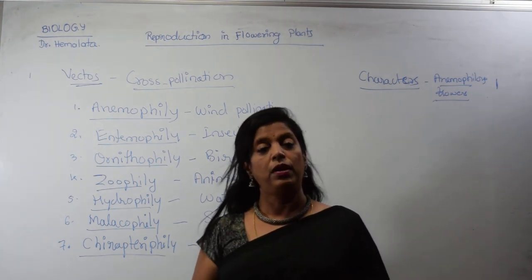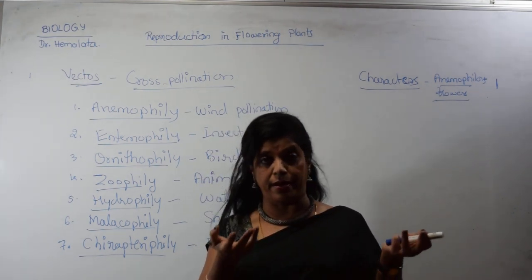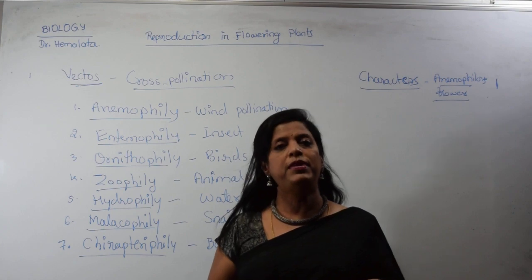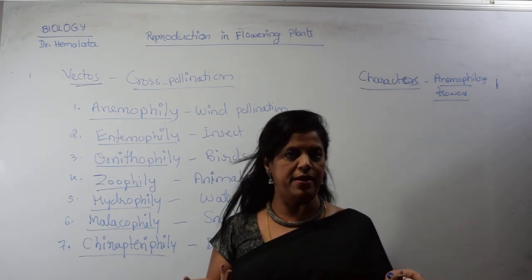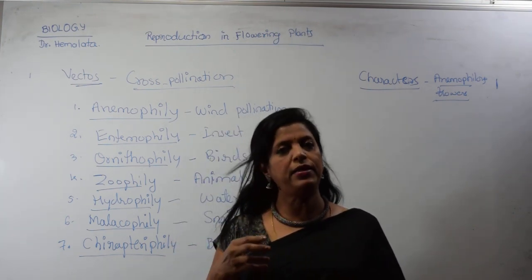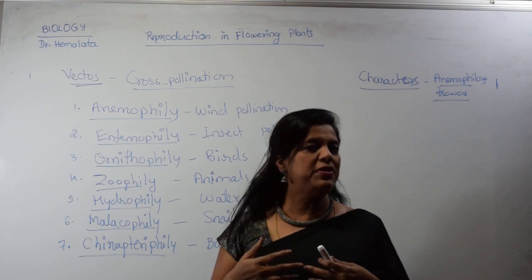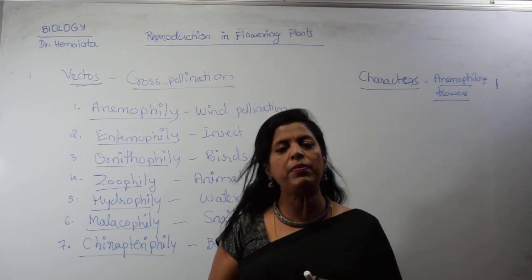Second point. Once they have to get into the air or wind current, they should be light in weight. If they are heavy, they cannot fly in air. Then they should be dry. They should not be sticky. If pollen grains stick to each other, they will fall down because they become heavy.